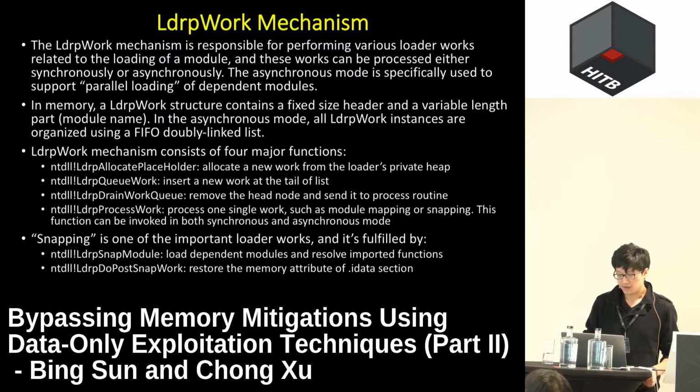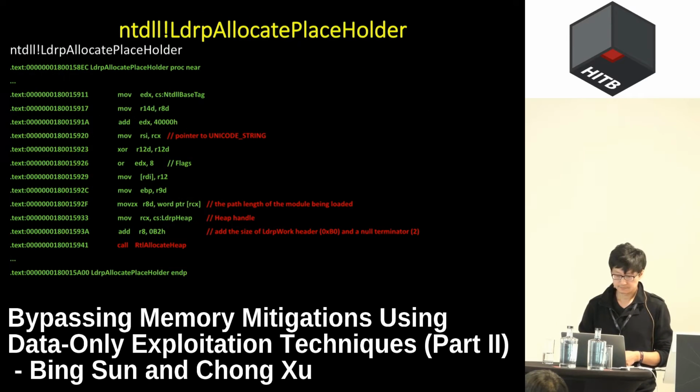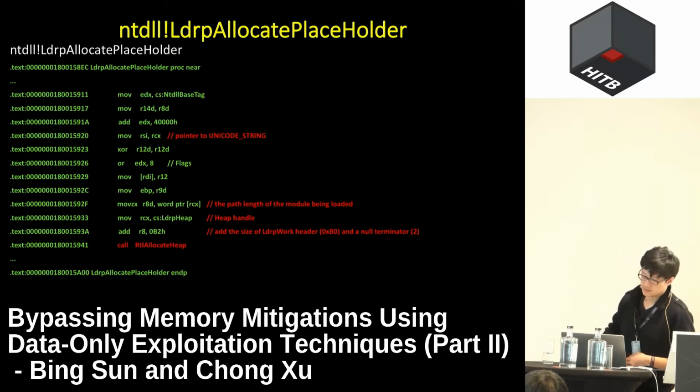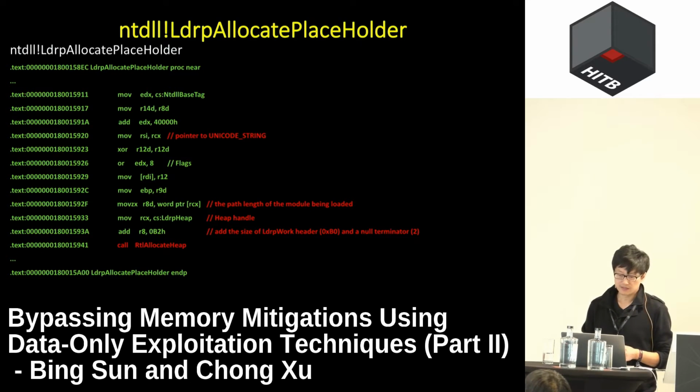The LdrpWork mechanism actually consists of 4 major functions. And snapping is one of the important LdrpWorks, and it's fulfilled by LdrpSnapModule. Next, we're going to look at these functions one by one. LdrpAllocatePlaceholder.